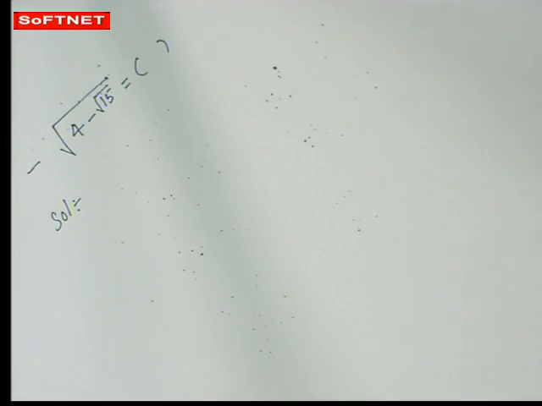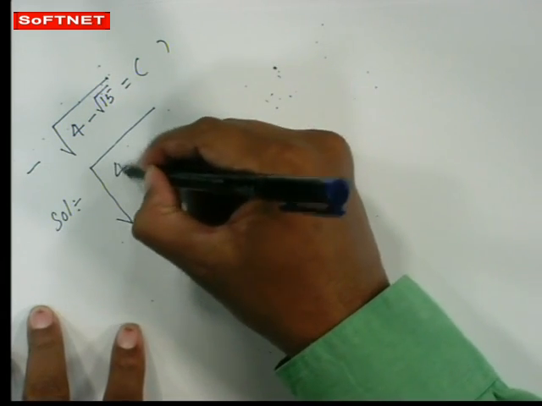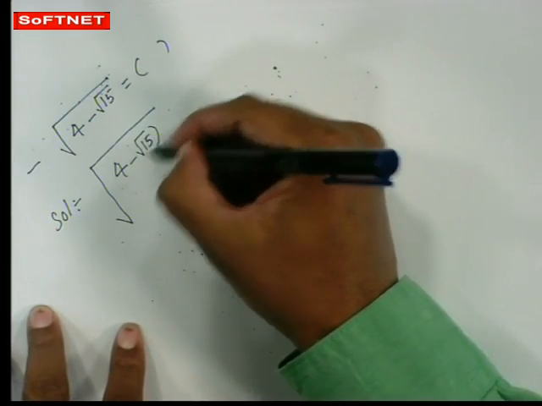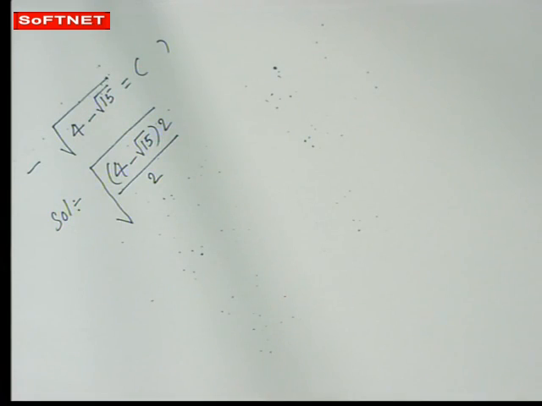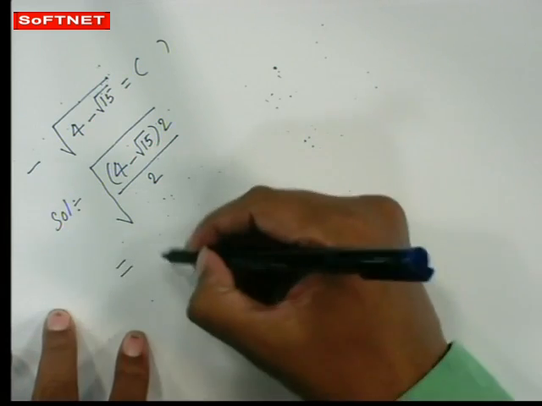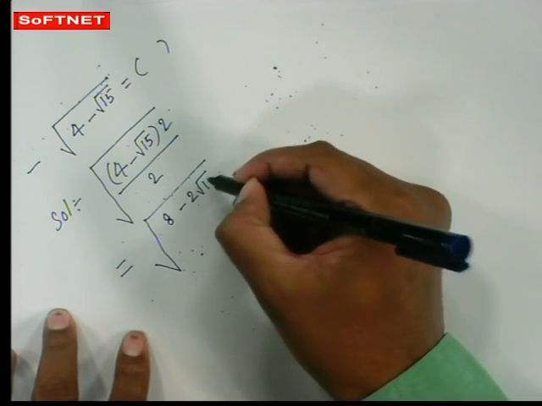As in the previous case, some mathematical operations have to be performed here. Under the square root itself, multiply by 2 and divide by 2, so that this problem can be solved very easily. Now this can be written as 4 minus root 15 multiplied by 2 and divided by 2. Now this is equal to square root of 8 minus 2 root 15 by 2.